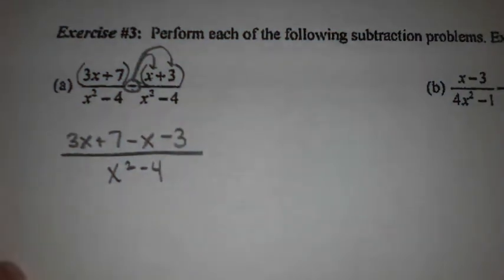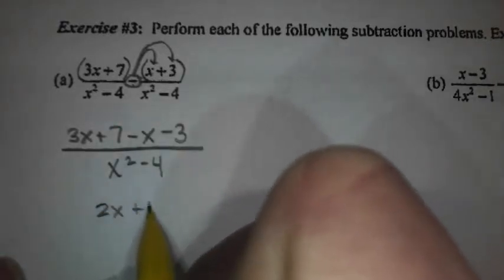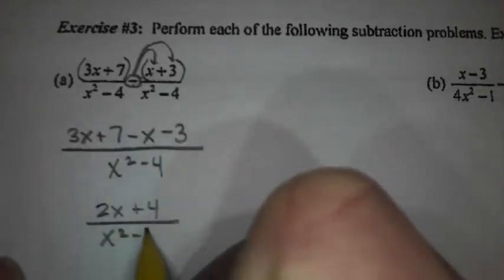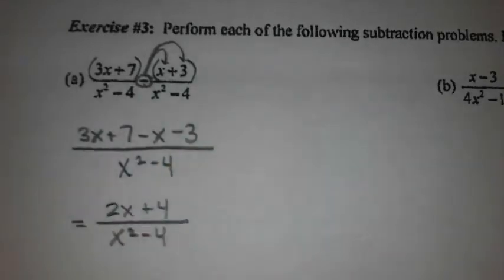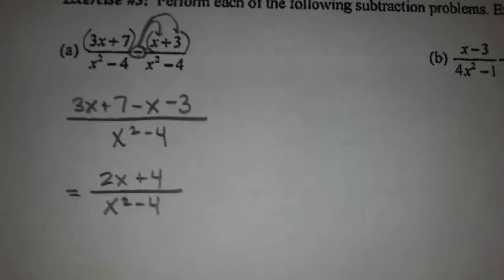And then we can combine our numerator. 3x minus x is 2x. 7 minus 3 is plus 4. Now, back to Isaiah's point. This is not simplified. Can anyone see why? Nathan? Right, and some people are not going to see that right off the bat without my leading question, and even still with my leading question, people still don't see that even after hearing you say that.